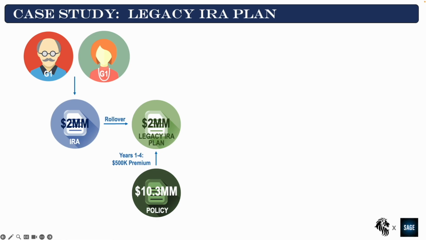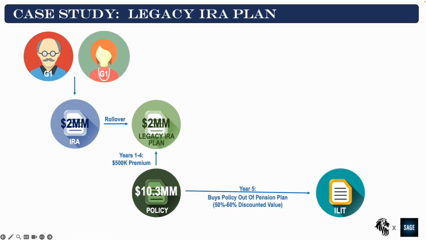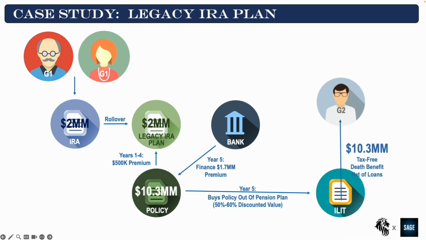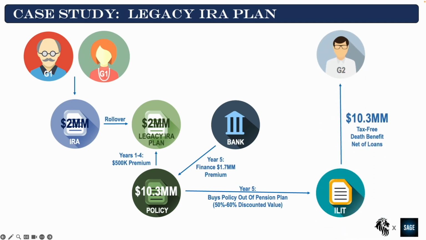Then in year 5, they would buy the policy out of the plan using an irrevocable life insurance trust at a 50 to 60% discounted value, based on the IRS safe harbor valuation plus our proprietary design. In that 5th year, one of our lenders would then fund the 5th year premium, and the interest due could either be paid out of pocket or they could accrue the interest. At their end of life, their adult kids would get $10.3 million in death benefit, tax-free net of loans.